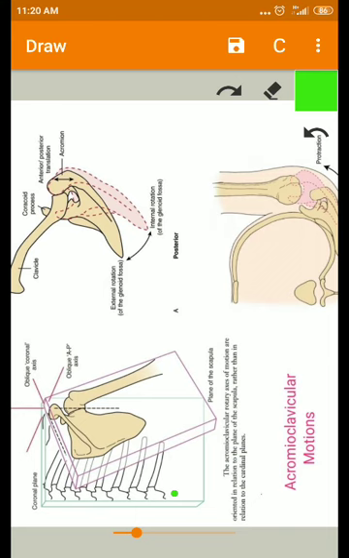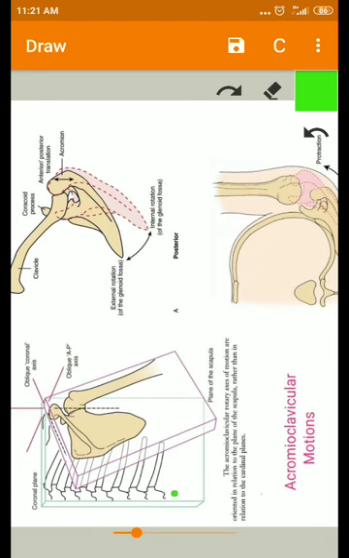These are the things that happen in the internal and external rotation. Another important thing you have to remember: in internal and external rotations, the glenoid fossa is facing anteromedially and posterolaterally.